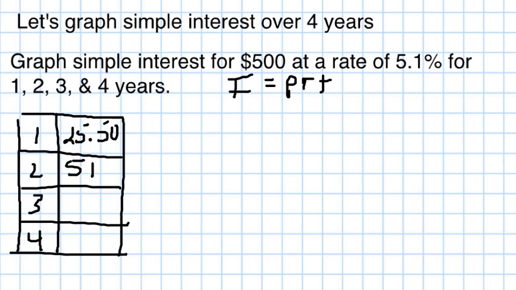I'll calculate it again, and this time for 3 years I'll get $76.50, and then for 4 years I'm going to get $102. So if I put my money into an interest-bearing account, which the rate is 5.1%, this is how much money I would make after 4 years, $102.